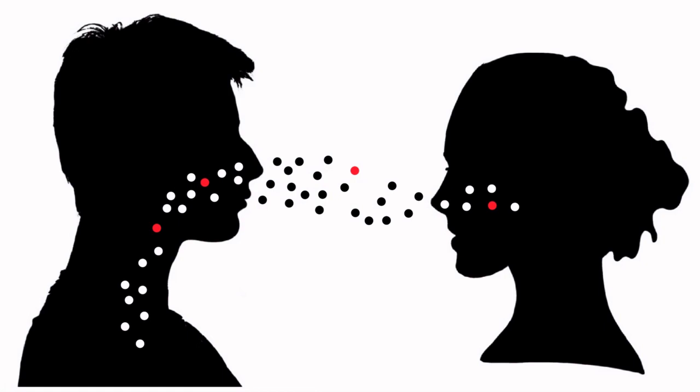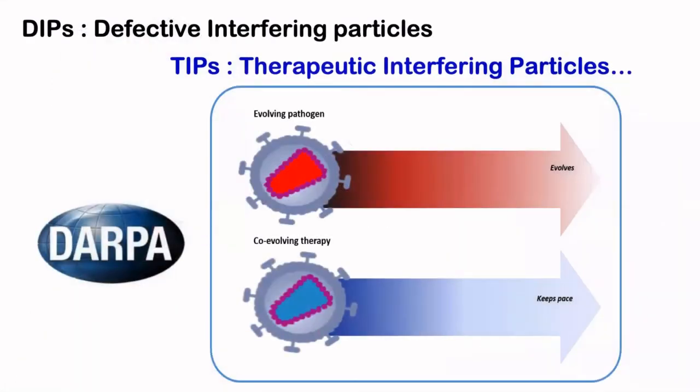In fact, DARPA has a very big program, and they call these therapeutic interfering particles. They're doing this with HIV, Zika, influenza and multiple viruses, and the idea is to be protective. The process is completely different for a retrovirus like HIV, but the idea is interesting.